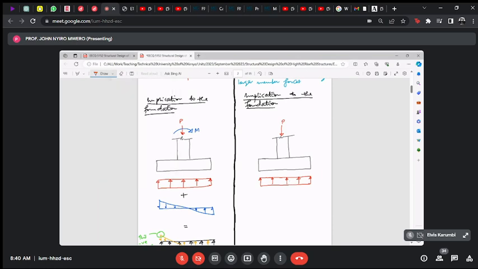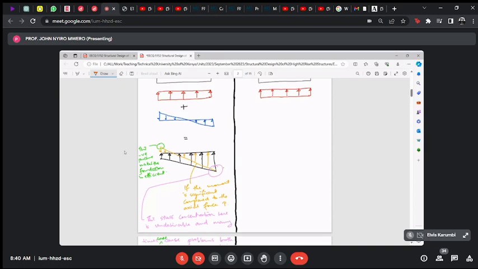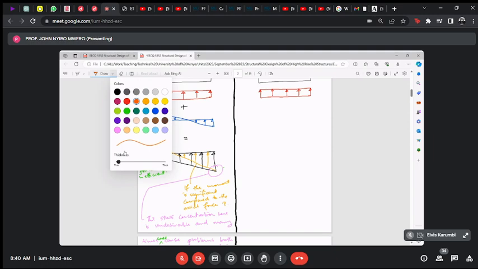We see this stress block. Let me just use the same color.